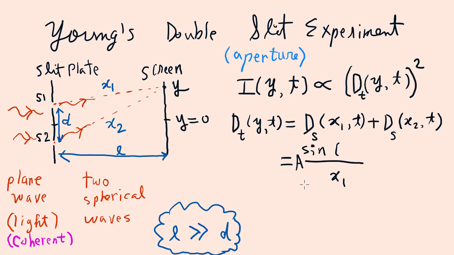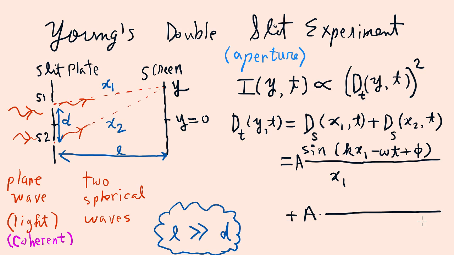And d_s(x2,t), as I just explained, is exactly the same function, except that x1 is replaced by x2.